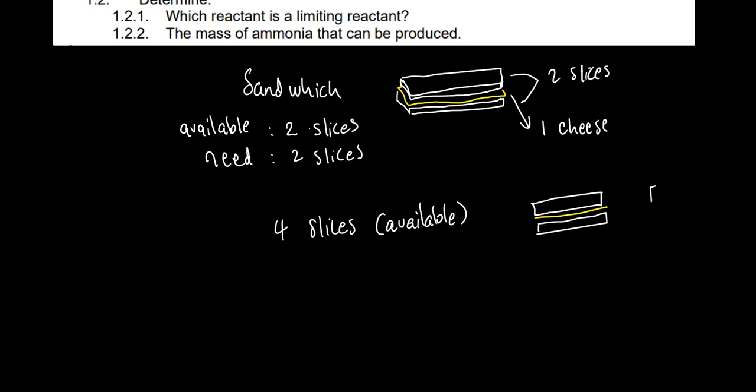But then you have two slices extra that are available, right? So four are available, but you need only two. So are you going to use the four slices? No, unless you want to make a sandwich where you can barely taste the cheese.